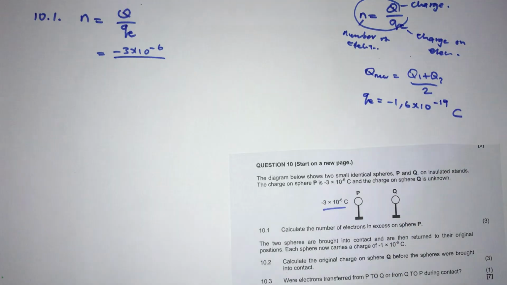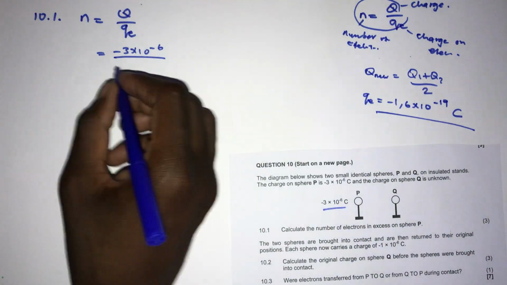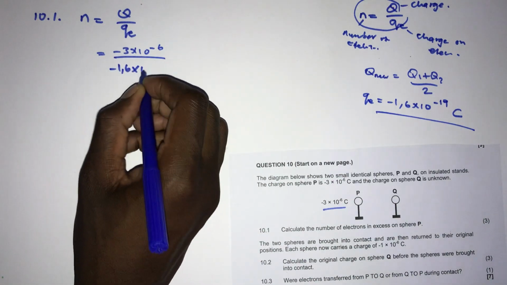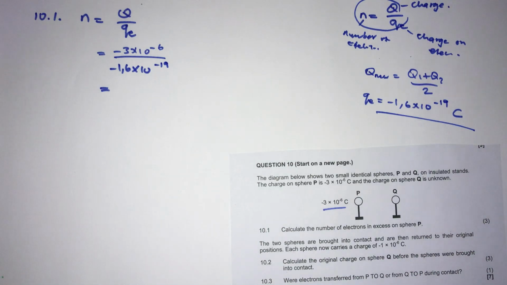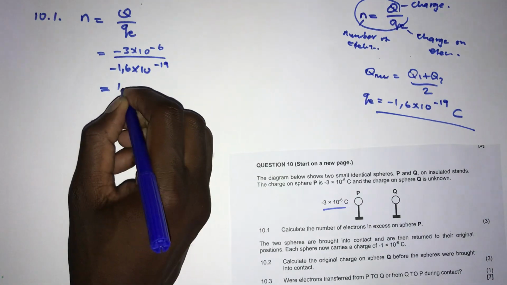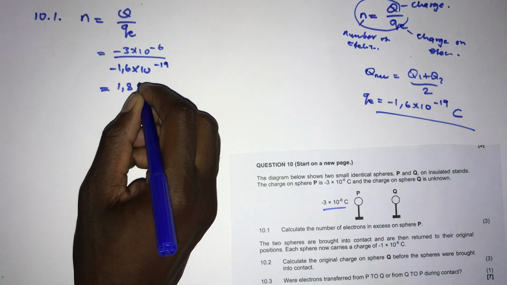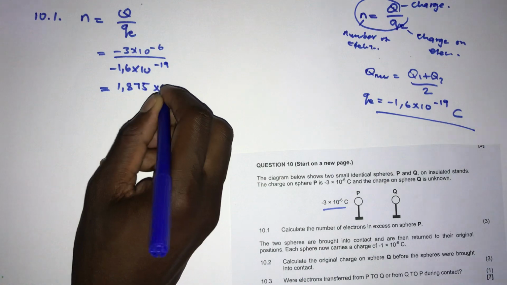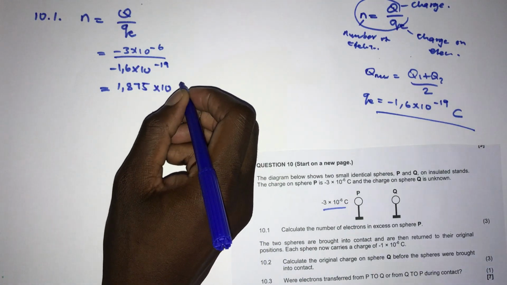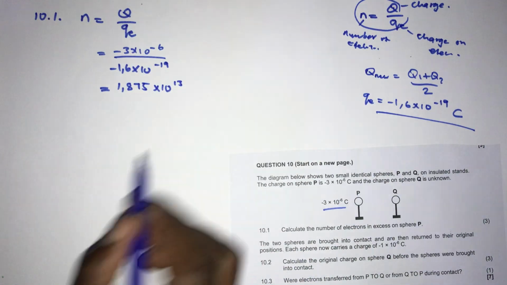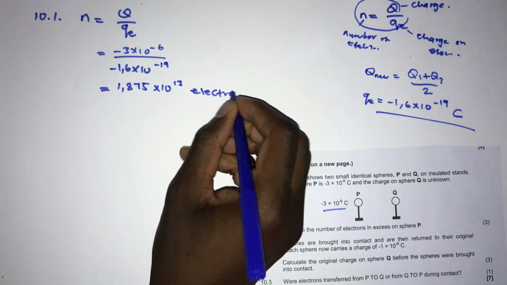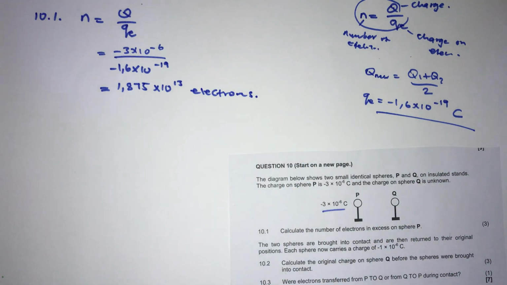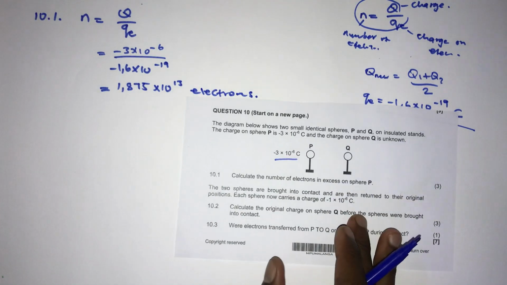This one is a constant, it doesn't change. So now we get 1,875 times 10 to the power 13. This is the number of electrons. Just like that, easy peasy.